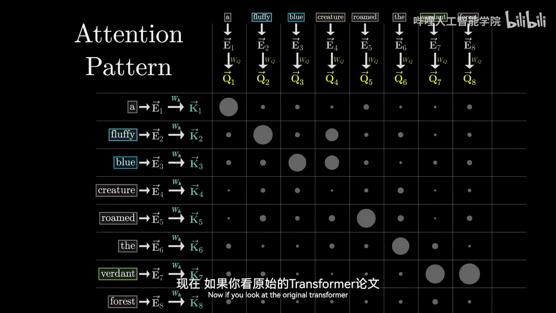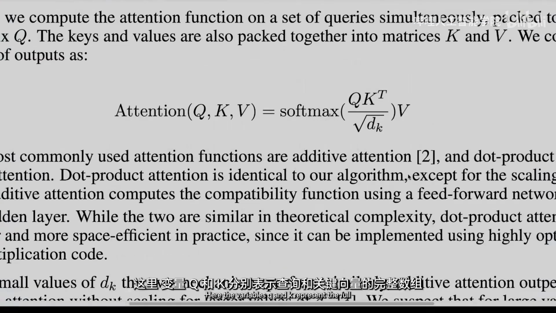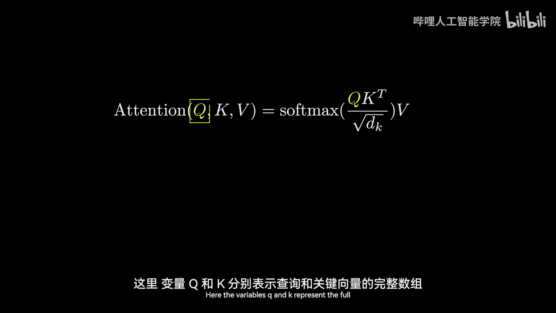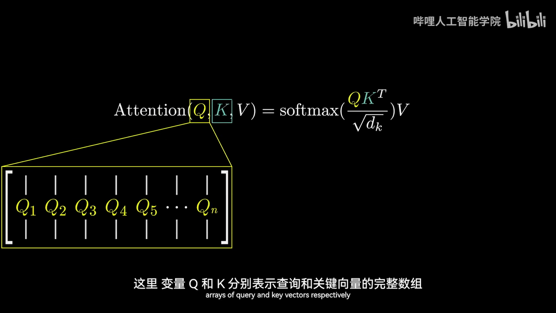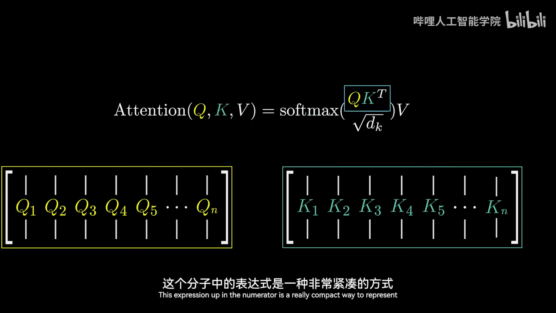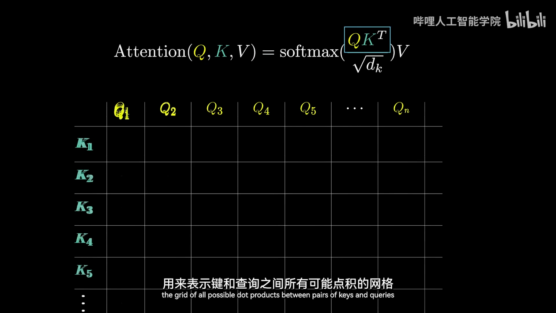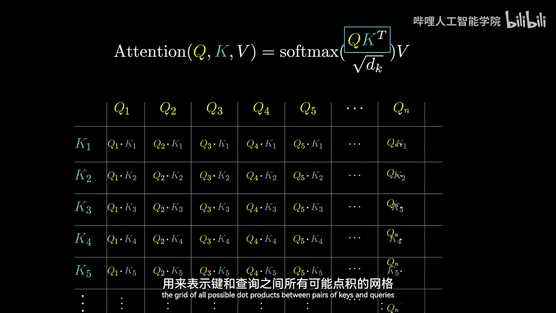Now, if you look at the original Transformer paper, there's a really compact way that they write this all down. Here, the variables q and k represent the full arrays of query and key vectors respectively, those little vectors you get by multiplying the embeddings by the query and the key matrices. This expression up in the numerator is a really compact way to represent the grid of all possible dot products between pairs of keys and queries.